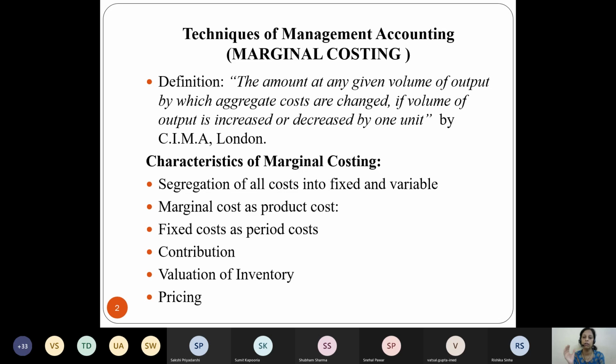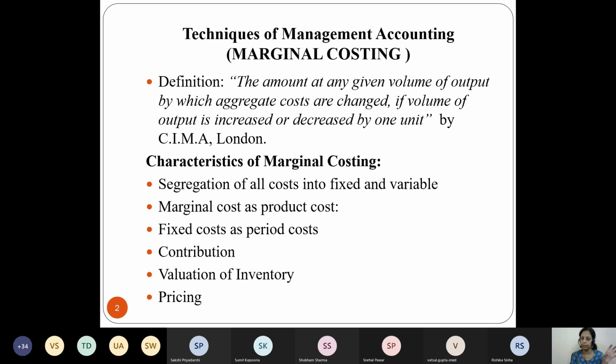You have to incur fixed cost. There is no question about it. The organization has to incur it for the infrastructural facilities, for some permanent facilities. But the variable cost varies. So to make decisions and to have control, it is very useful to classify the costs under fixed and variable.